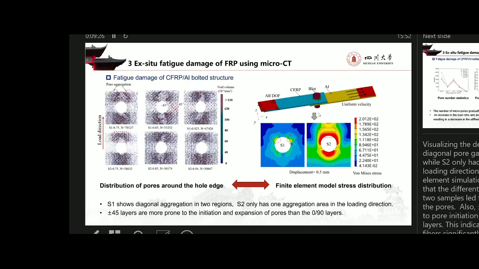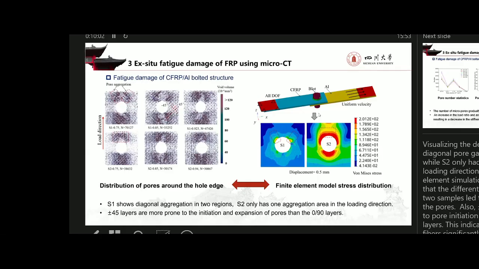In the 45 degree layers, we can see the pores gathering in two areas, like an X shape, and in the non-45 layer there is only one gathering area. So we establish a finite element model. We can see S1 and S2 have different stress distributions.